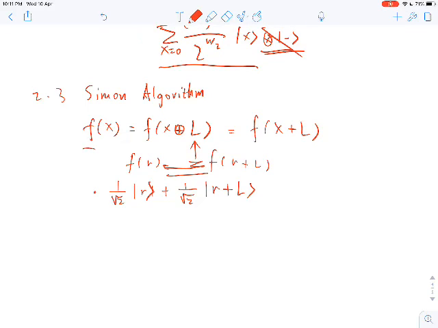The state of R and R plus L is a superposition, existing at the same time with some probability, and in this question with the same probability.